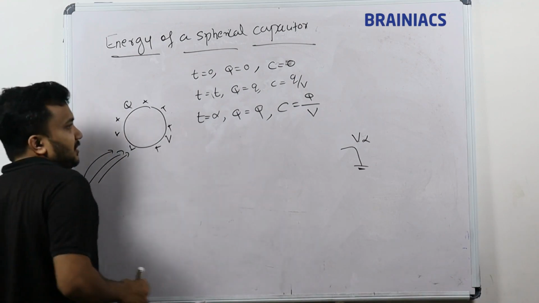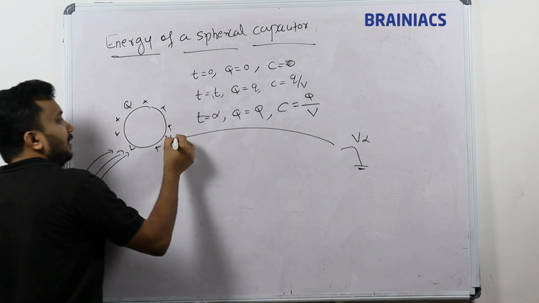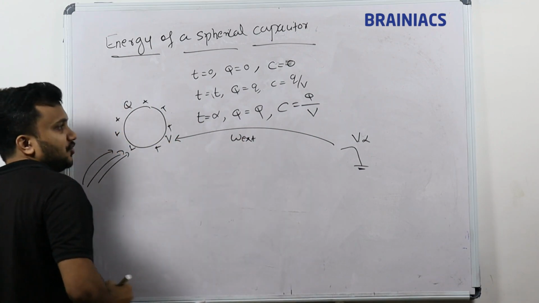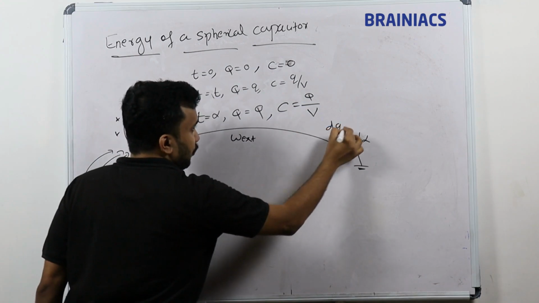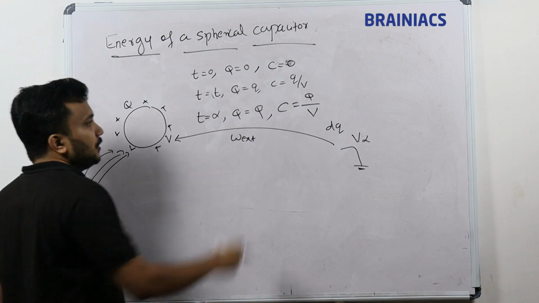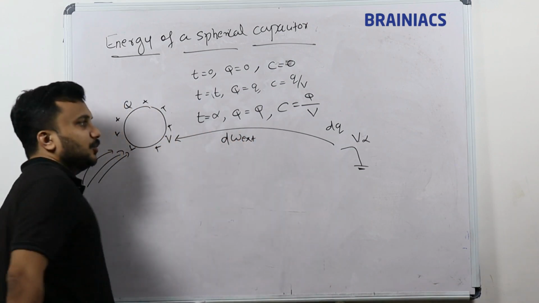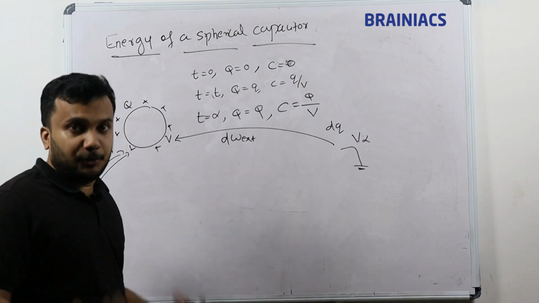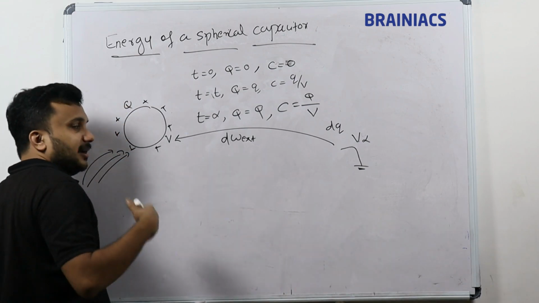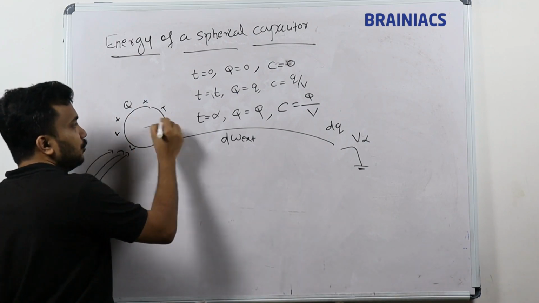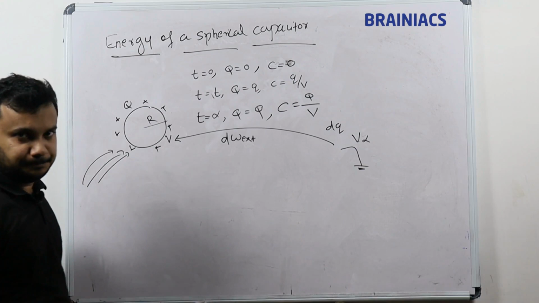Energy of a capacitor means the work done by an external agent to bring a small amount of charge dq. A small charge means small work done. So W external, the work done by the external agency, I am doing work to bring a charge from infinity to a particular point, on a sphere whose radius is equal to R.